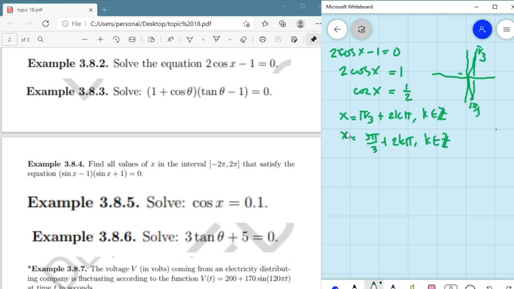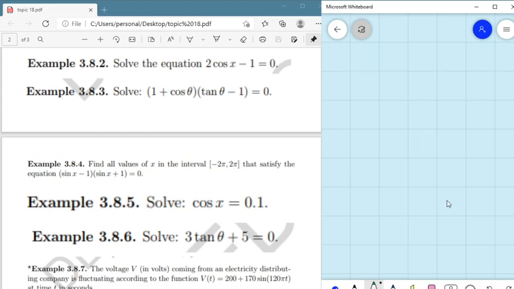Let's proceed to 3.8.3. We solve the quantity 1 plus cosine theta times the quantity tangent theta minus 1 equals 0. In order to do this, we are going to use the zero factor law. That means when a times b is equal to 0, this means that a equals 0 or b is equal to 0.